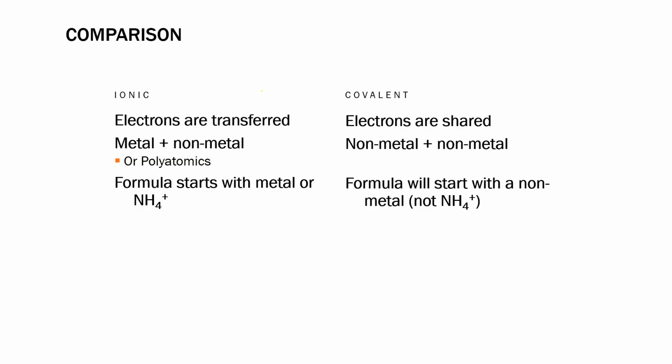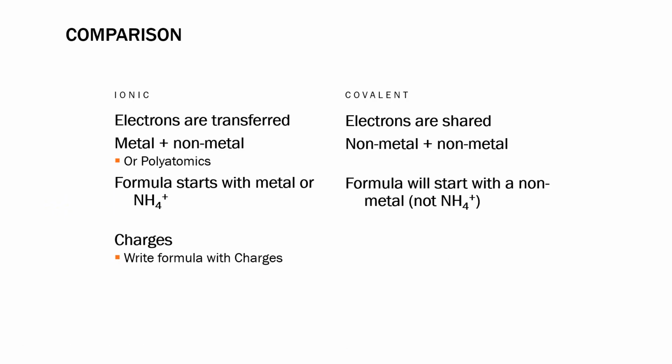Covalent compounds get prefixes, ionic compounds do not. When writing an ionic compound, this is very, very important. If you write the formula for an ionic compound, the formula must have a charge.